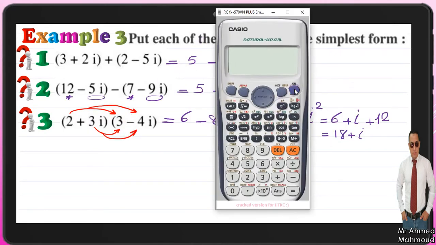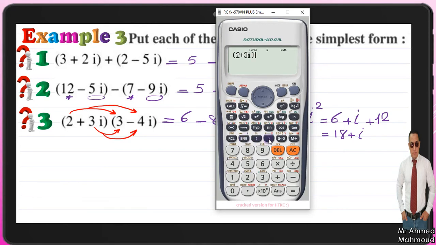Now I need to use the calculator to check this one. Okay, this is the calculator. I will choose mode, complex, or mode 2, like this. It will show here complex. Now open bracket, 2 plus 3i, where this button is the button of i, like this.